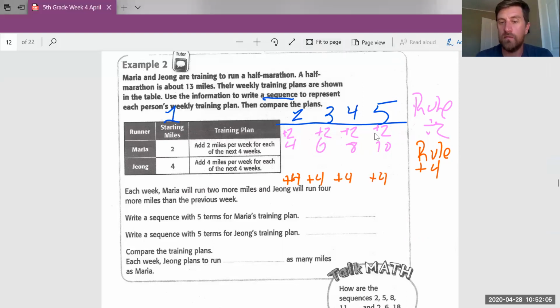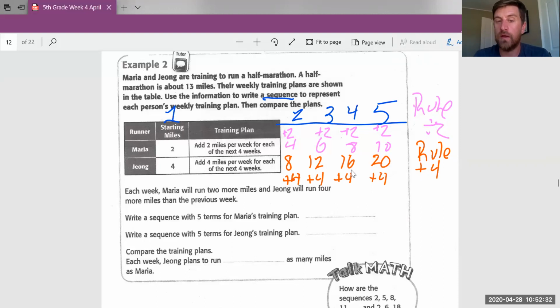So after week 5, we know Maria's running 10 miles a week. Jiang: 4 plus 4, great, 8. Then we just follow the steps and skip count by 4s. There we go. After 5 weeks, Jiang's running 20 miles, and Maria's running 10.